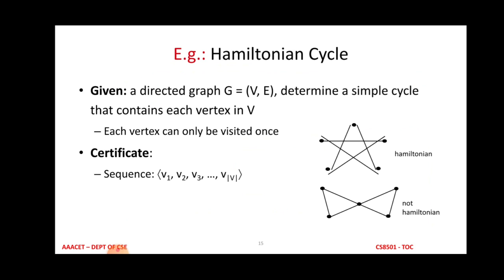Consider two examples. The first one is a Hamiltonian cycle or circuit. The second one is not a Hamiltonian cycle or circuit. Consider the first circuit. Here there are 5 vertices, right?